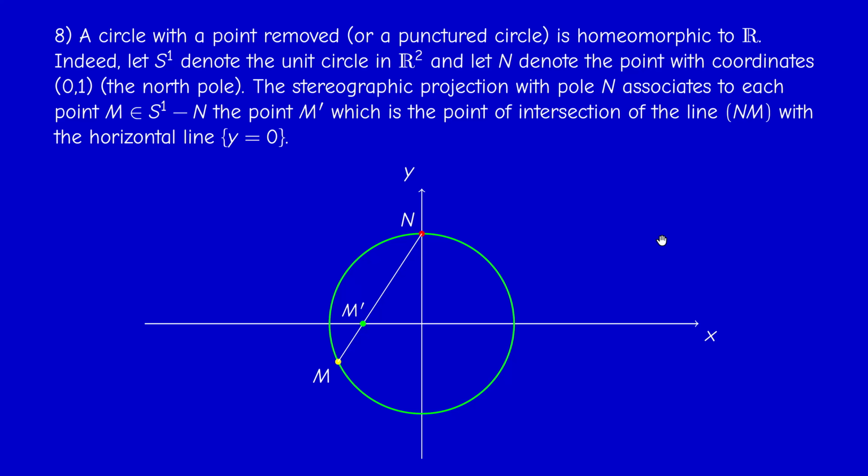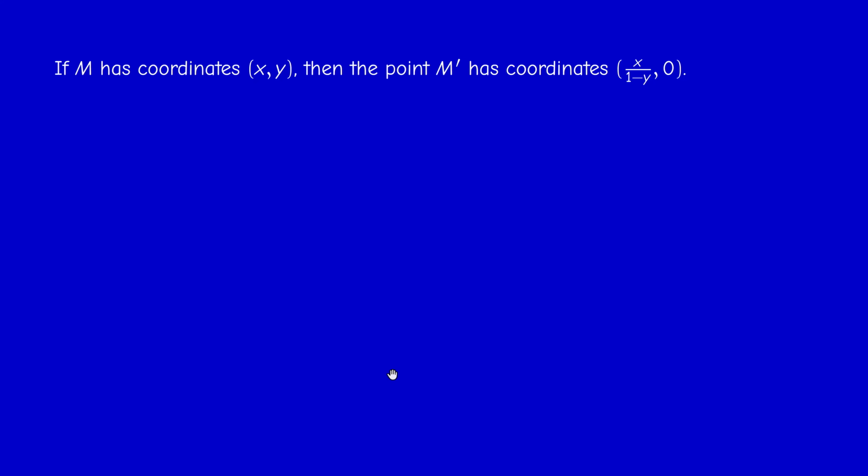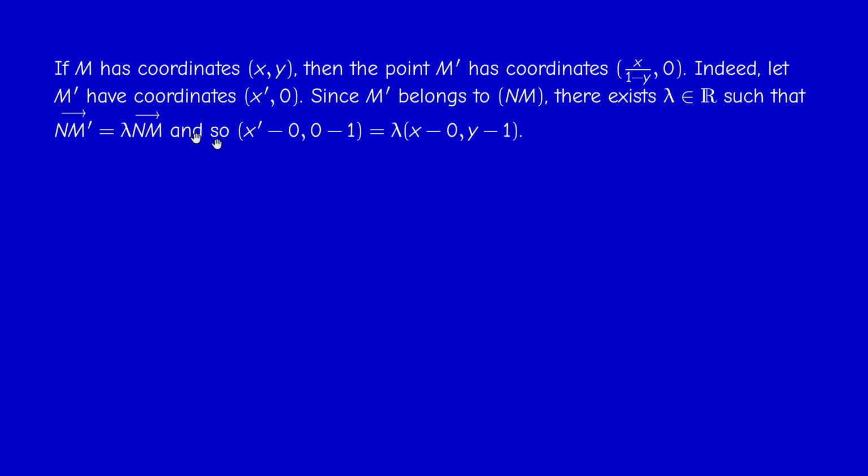If N has coordinates (0, 1), and M has coordinates (x, y), how to find the coordinates of the point M prime? It's very easy. We just write that the vector NM prime is proportional to the vector NM. Okay, so there exists lambda such that the vector NM prime is equal to lambda times NM.